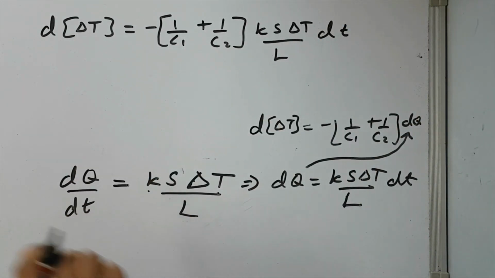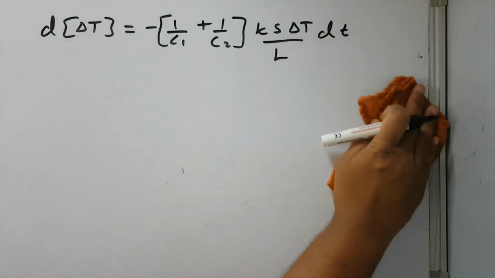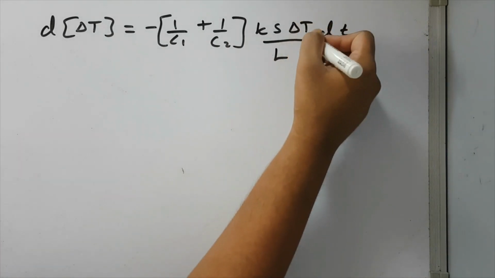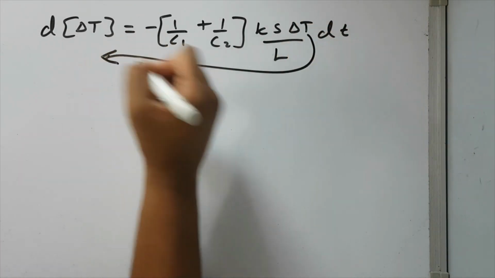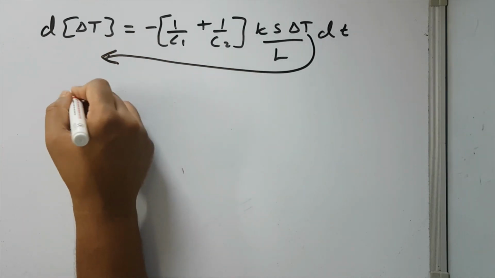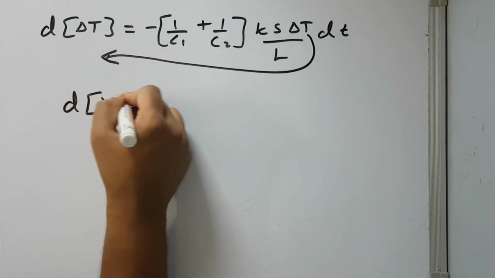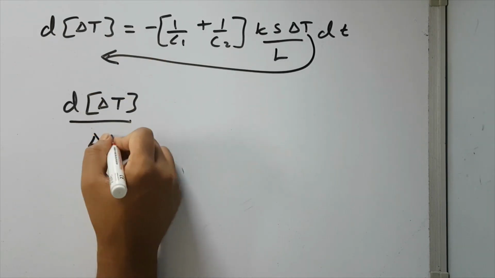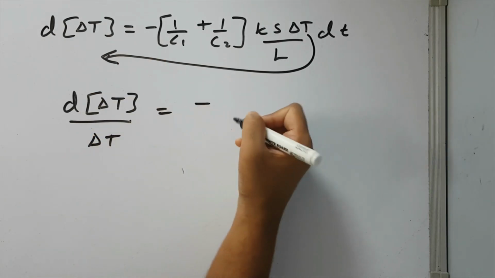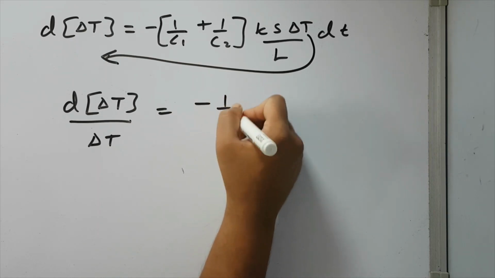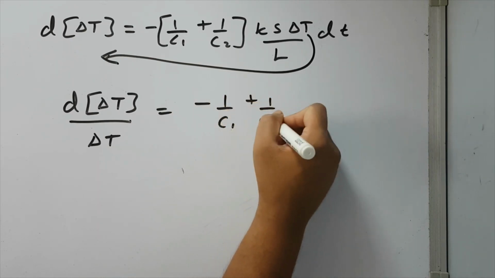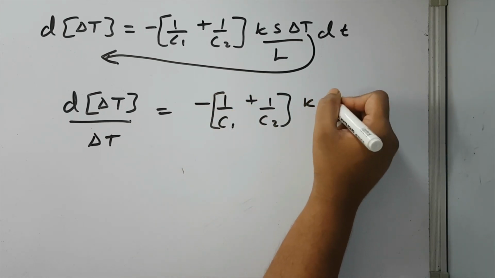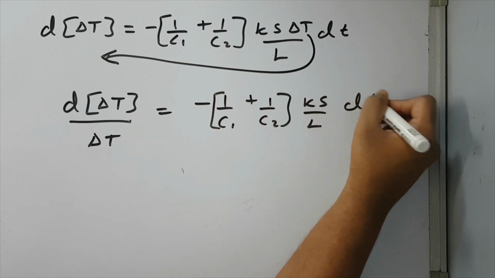Okay, now if you do a slight rearrangement, you could put this dQ here, and what do you get? d of delta T by delta T is equal to minus 1 over C1 plus 1 over C2 into kS over L times dt.